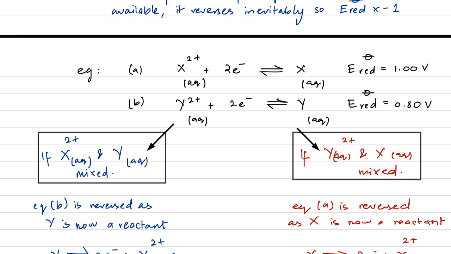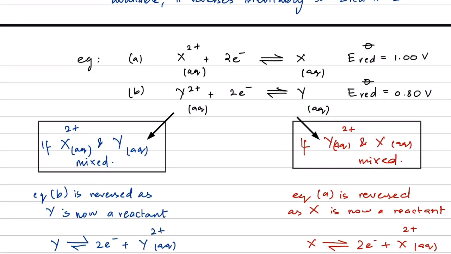Now imagine scenario B, where Y ions are reacting with X. If Y ions are reacting with X, equation B has to be the same way. It does not have to be reversed because in equation B, Y ions are already there. But we don't have X, so equation A has to be reversed so that X can be made a reactant. In order to make X the reactant rather than the X ion, A should be reversed.